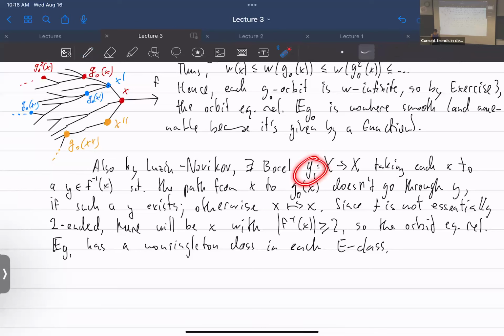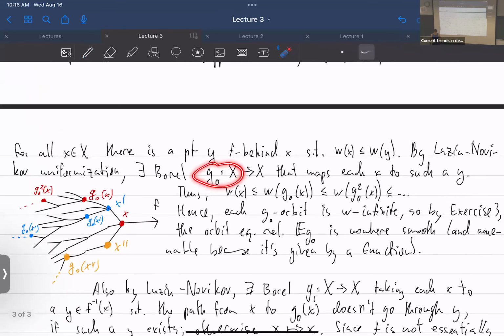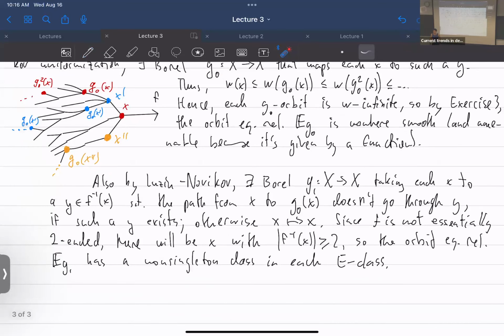So I want G1 to be non-trivial in each class, and I want G0 to be nowhere smooth, and both are amenable. So EG1 is also amenable.